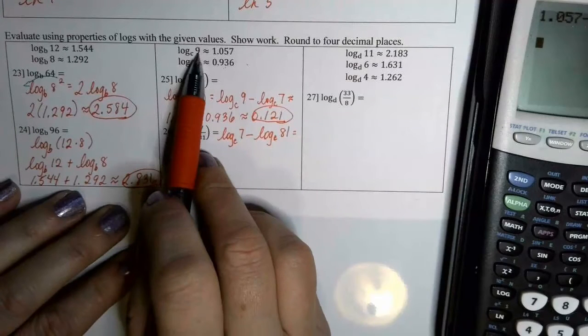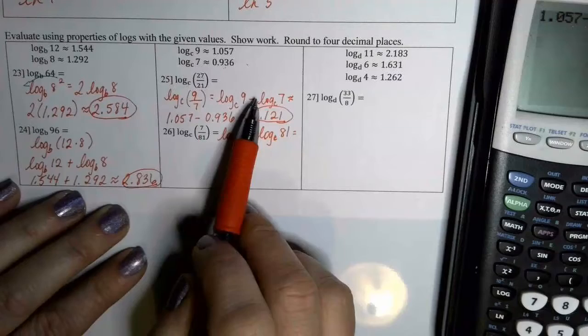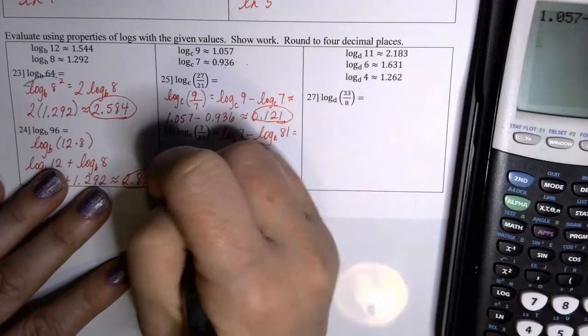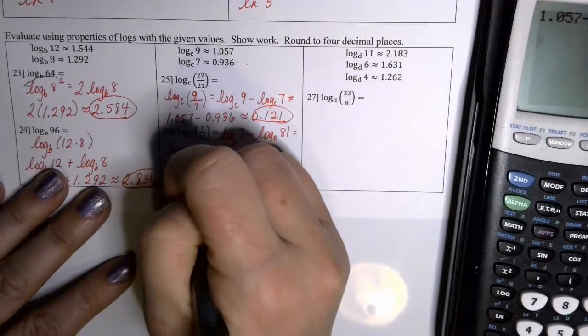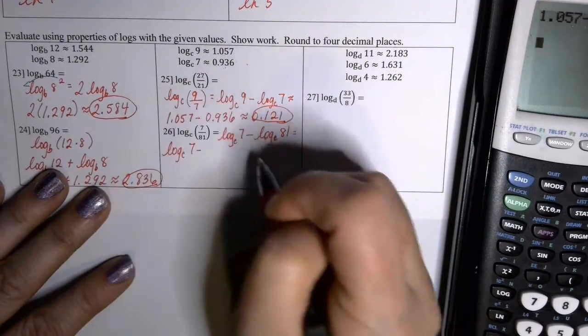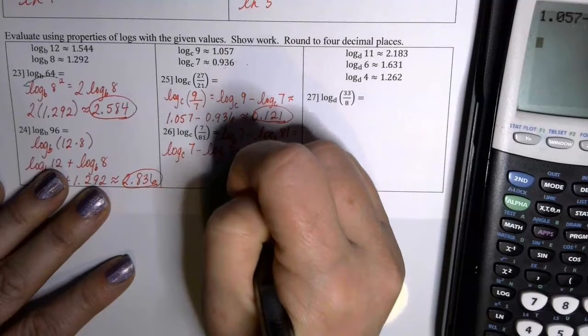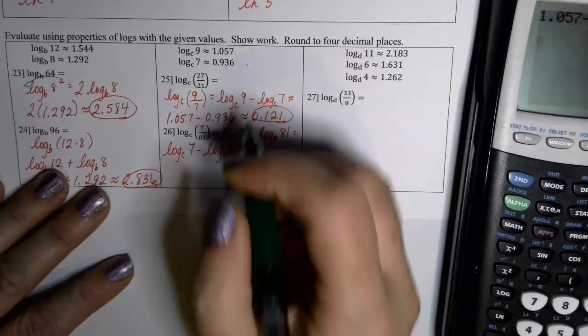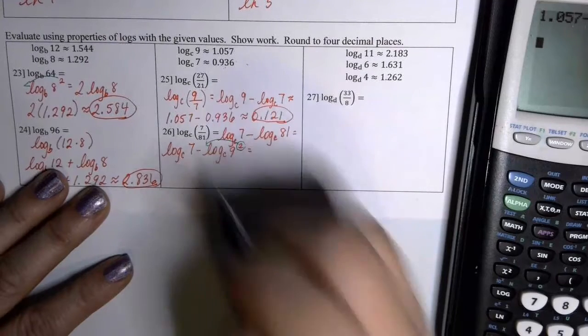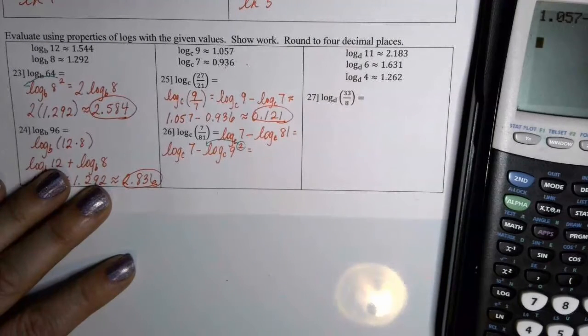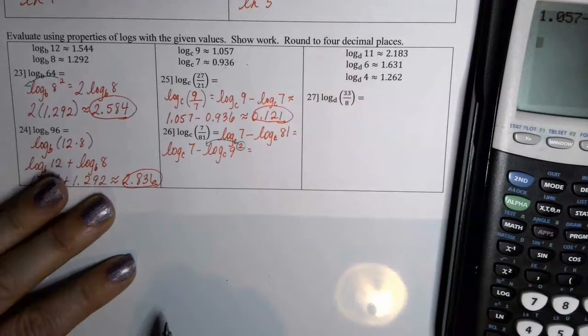However, 9 squared is 81, so I could use the power property then. If this is log base C of 7 minus the log base C of 9 squared, I can use that power property to pull that exponent forward as the coefficient on the log expression.